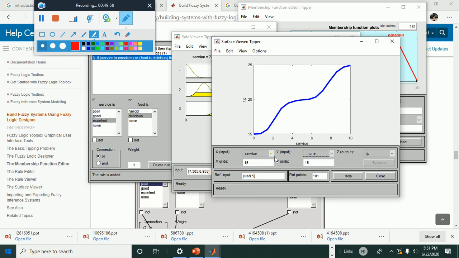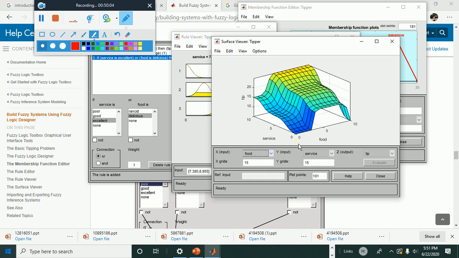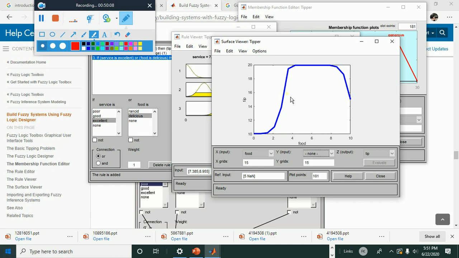And for food, let's suppose, it will have this type of graph.